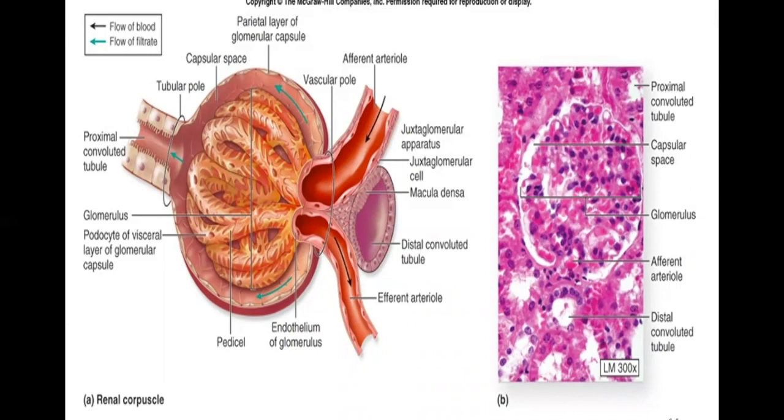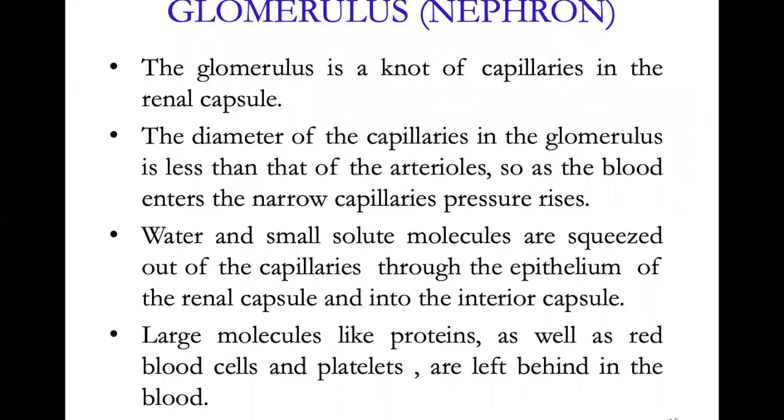So you should know what is a Bowman's capsule and what is a glomerulus. Bowman's capsule is a capsule in which a network of capillaries is found. This network of capillaries is called the glomerulus. So a glomerulus is a knot of capillaries that is found in the capsule.